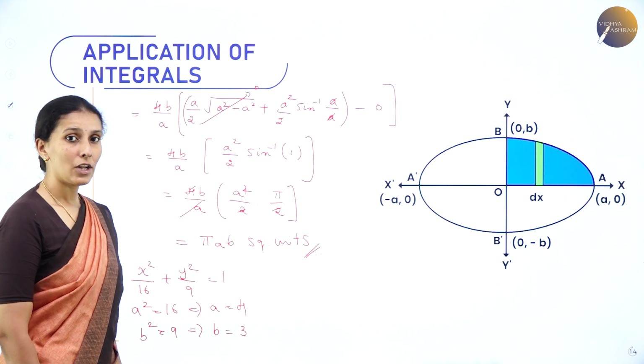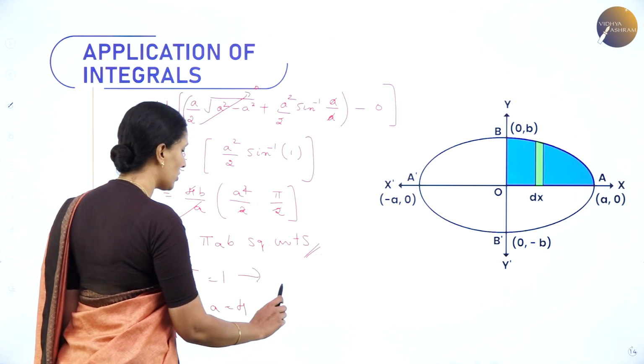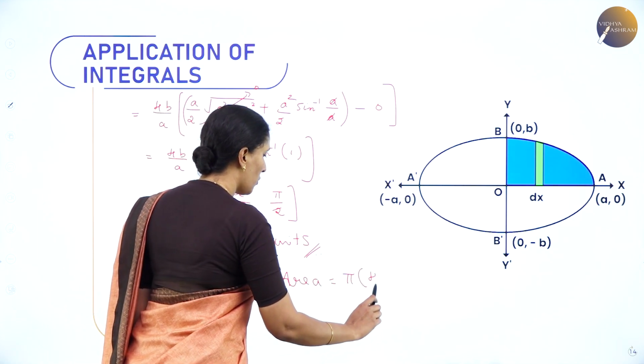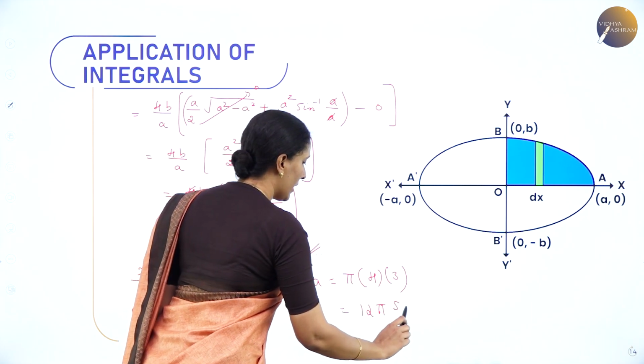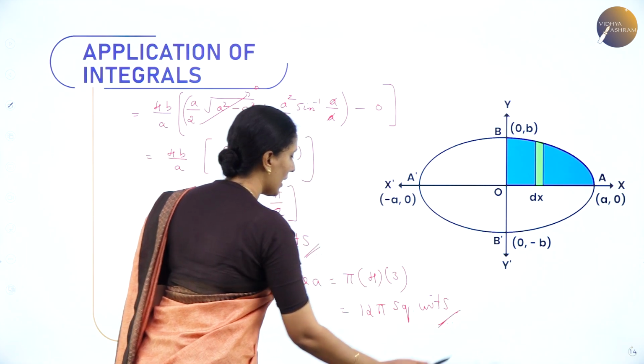And we know that the area of an ellipse can be written in the form of pi ab. So for this equation, area is equal to pi into 4 into 3, which is equal to 12 pi square units. So this is the required area.